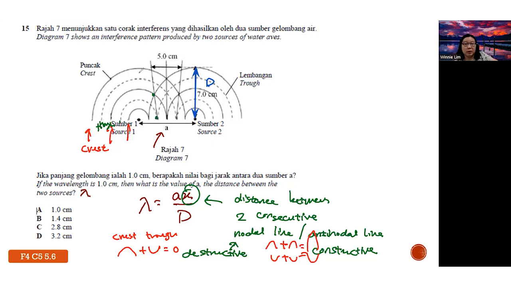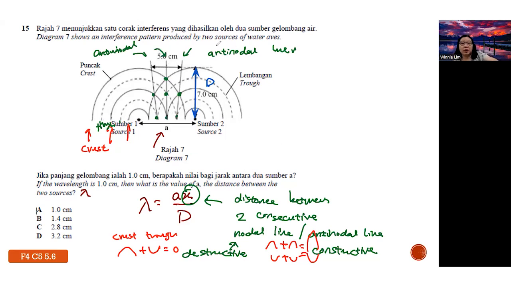This is also constructive. How about this one? Also the same, right? Constructive point. So that means this is what line? These two are both antinodal. This is also antinodal. How about the center one? It's also crest and crest, or trough and trough. It also refers to an antinodal line.